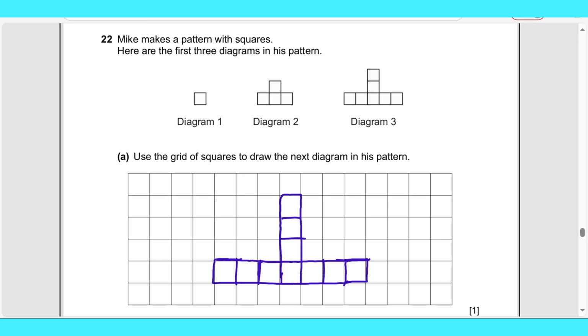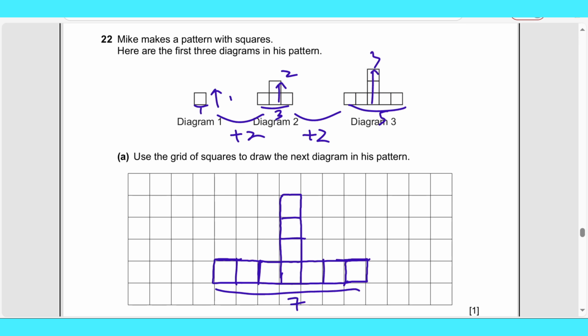So guys, we have a horizontal and vertical. This is 1 horizontal, this is 3, this is 5. Of course it is added by 2, they are odd numbers, so after 5 this one will be 7. So this is 7 boxes, 7 squares. What about the vertical? This is 1, this is 2, this is 3, and this should go to 4. So it's the natural numbers, 1 2 3 4.